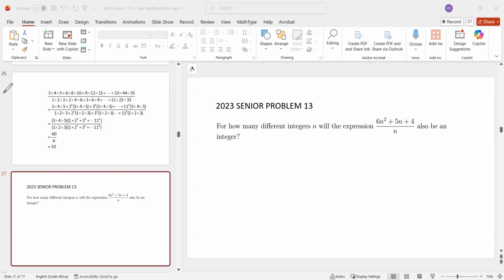So if you look at the given fraction, it's 6n squared plus 5n plus 4, all over n.